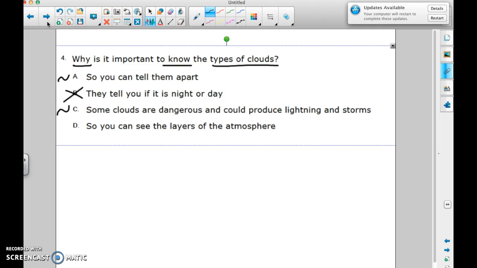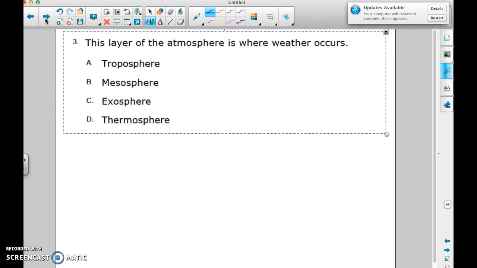Yes, because we completely talked about seeing the layers of the atmosphere. That is not true. Now I've got 2 answers here. So I can tell the clouds apart, or some clouds are dangerous and can produce lightning and storms. Which one of those is more important? Obviously C is more important. Take a moment. Go through this, break it down, and we'll come back and do it together.